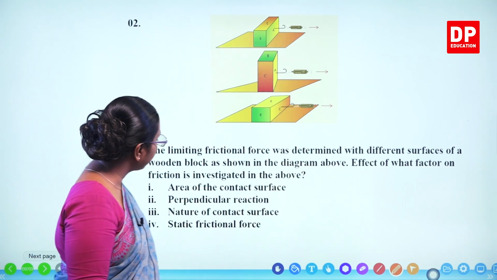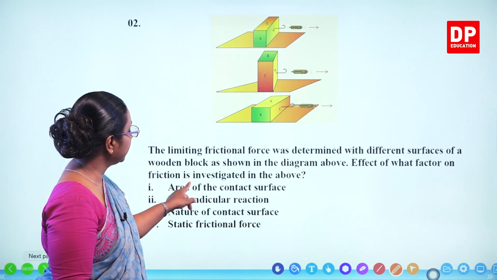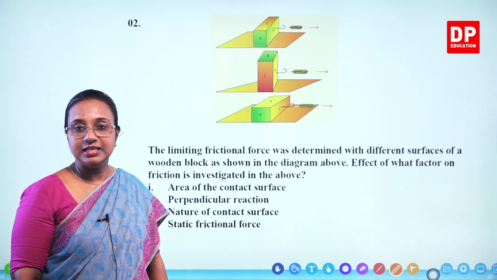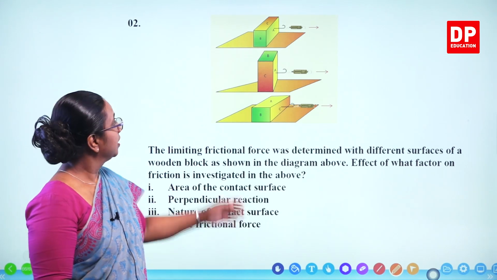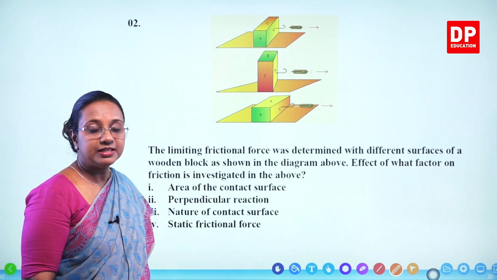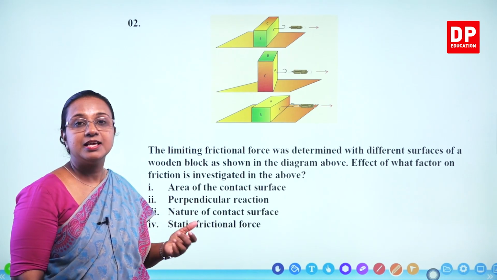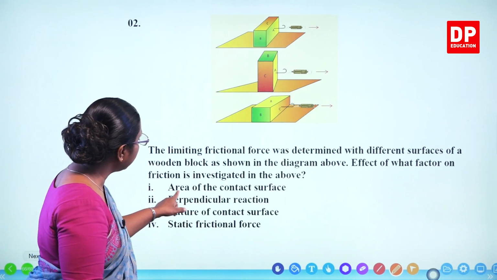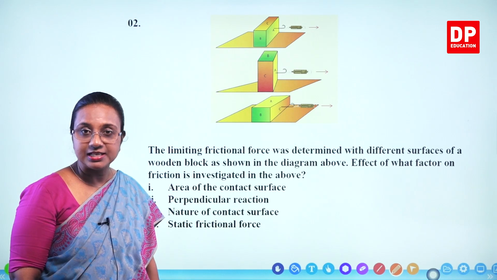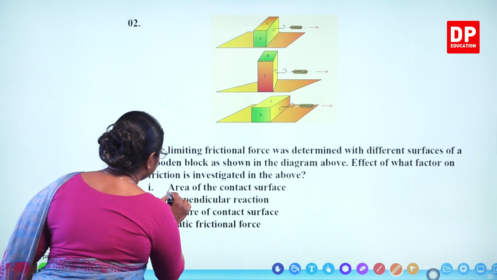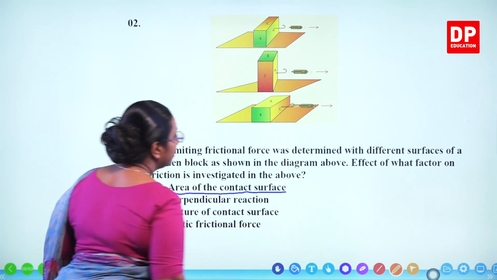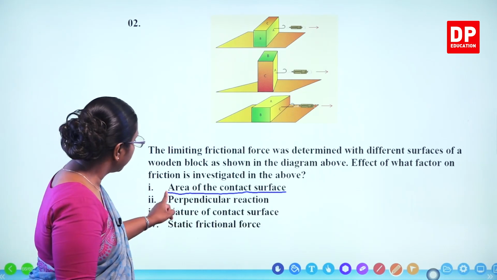Effect of what factor on friction is investigated in the above? You can identify the factor, the surface area. Area of the contact surface. That is the factor that we are investigating.